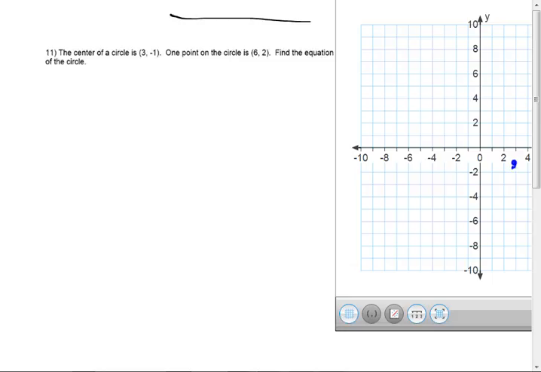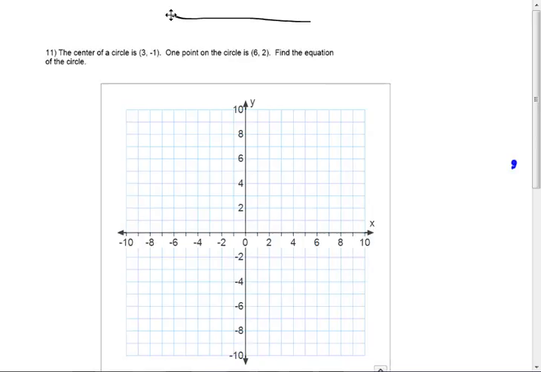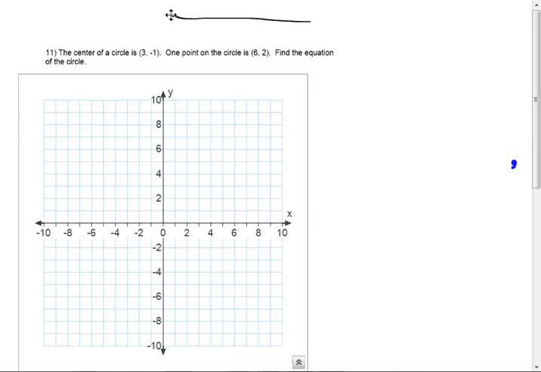And one point on the circle is 6, 2. So 3, -1, and 6, 2. This is the center. This is the point on the circle. That's the radius. Not a very good circle, but that's okay. Find the equation of the circle.